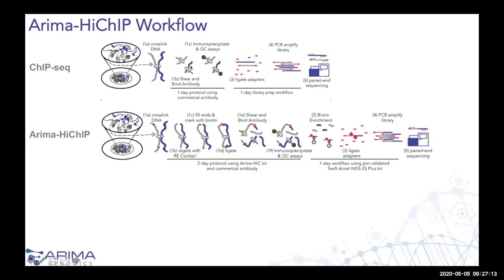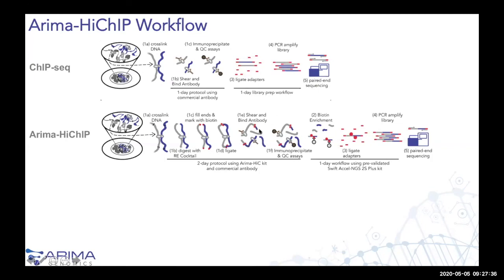So when you structurally look at the molecules that are getting enriched, the difference is that the HiChIP molecule not only contains the sequence content around the immunoprecipitated protein that you would get from ChIP-seq, but it also contains the 3D interaction information associated with this immunoprecipitated protein.